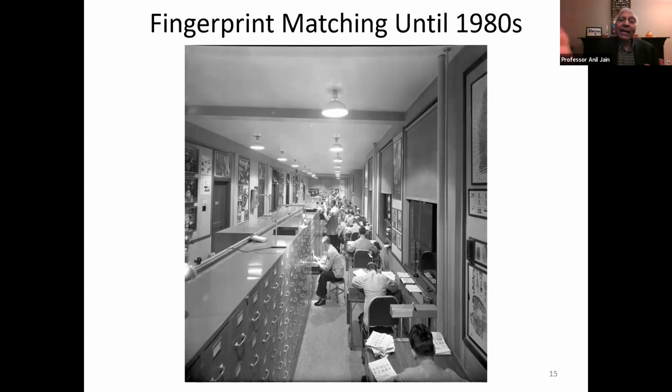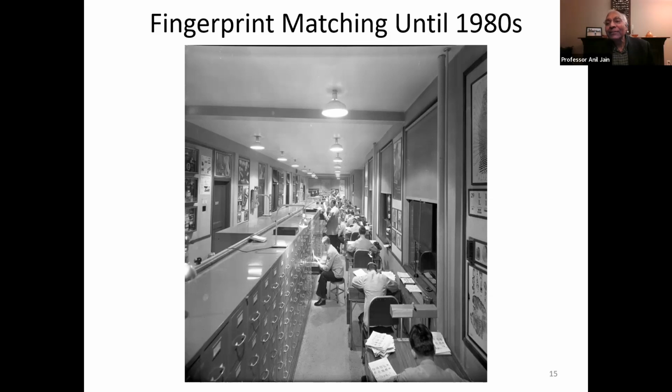So there are filing cabinets where all the fingerprints were filed according to what type they are: left loop, right loop, whorl, arch, tented arch. And then when a new fingerprint or a query came in, they would go to the appropriate filing cabinet and pull it out, and then manually using a magnifying glass determine a match. That's a very tedious process.